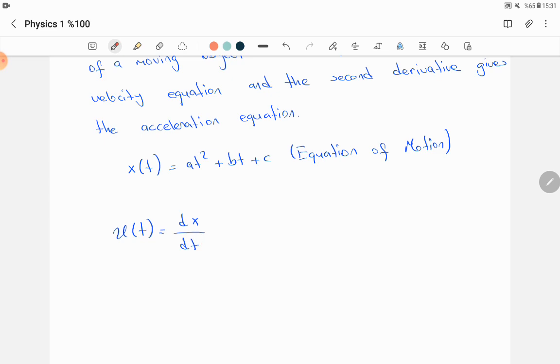And if we want to find the acceleration equation depending on the time, we take the second derivative of the motion equation with respect to time.